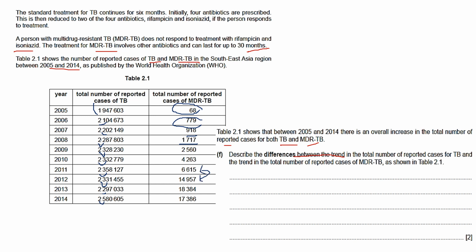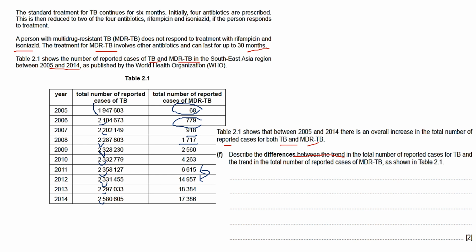So the difference in trend here is that you first of all need to say the rate of increase of MDR-TB. So the rate at which MDR-TB occurs in the population increases at a higher rate than the TB cases. So rate of increase is higher for MDR-TB than it is for normal TB.